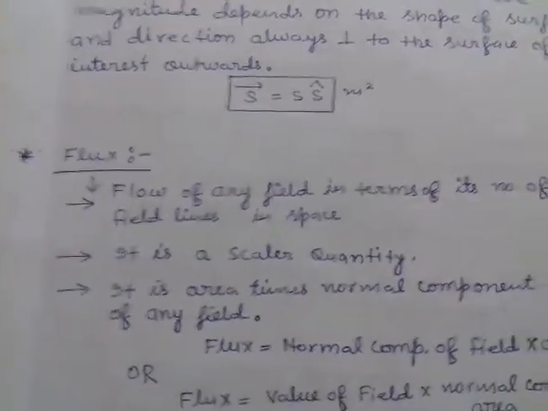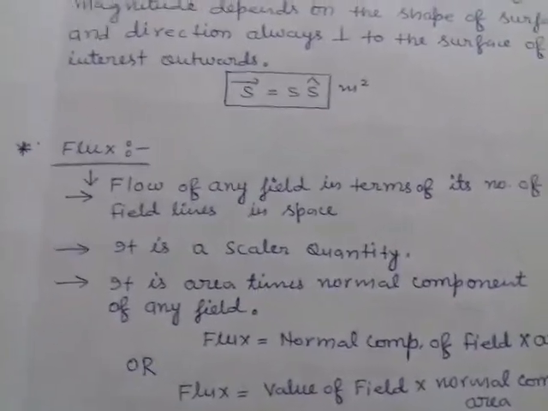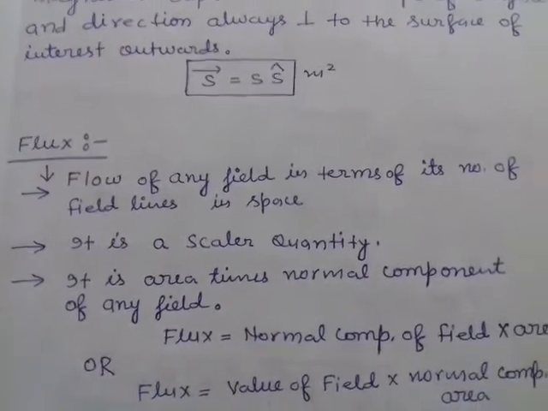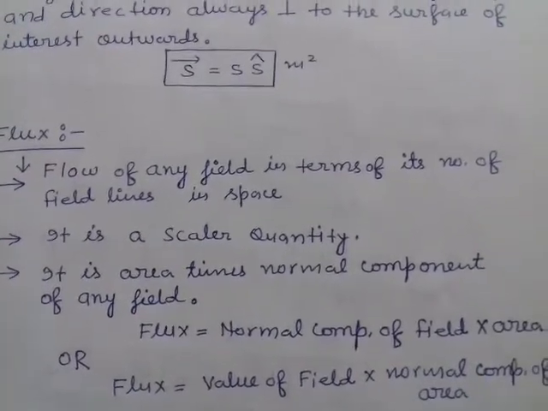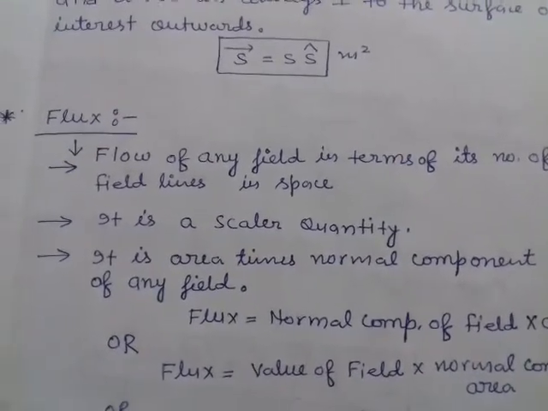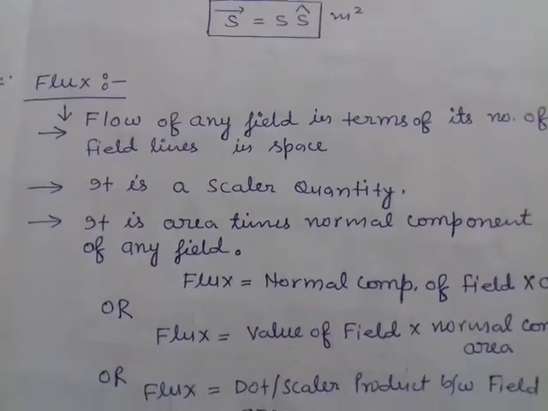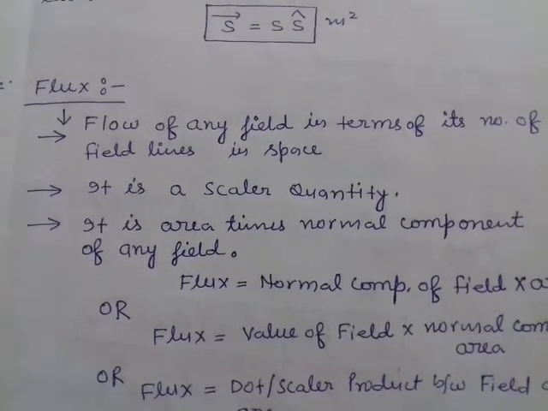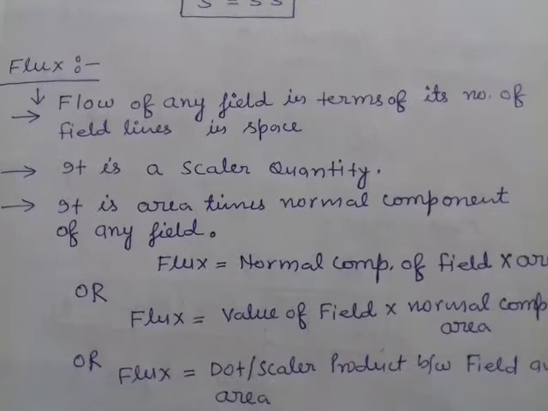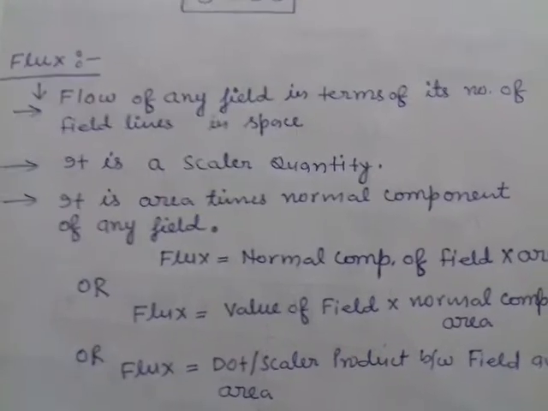Now flux. Flux means flow of any vector field in terms of its number of field lines in space. It is a scalar quantity. It is the area times normal component of any field.